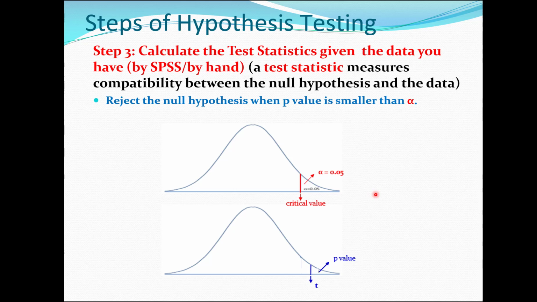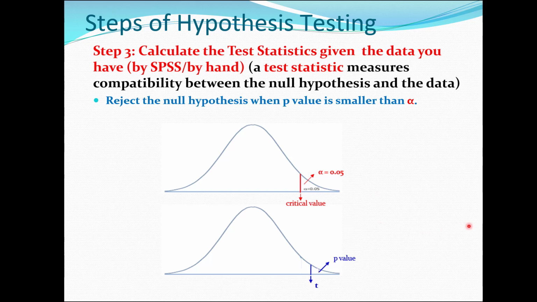If you can recall, alpha is the probability of making a type 1 error. If p-value is less than alpha, p-value is even smaller than the chance that we can make a type 1 error. So in that case, we say p-value is small enough and we can reject our null hypothesis.